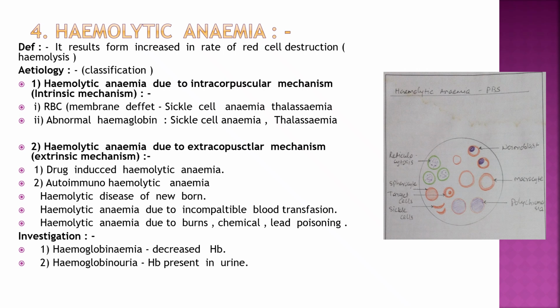Or it can be because of an extracorpuscular or extrinsic mechanism, such as drug induced, burns, chemicals, poisoning like lead poisoning, or in the newborn because of Rh incompatibility. On investigation, hemoglobin is decreased, hemoglobin is present in urine, and we can do an antibody test in hemolytic disease of the newborn.